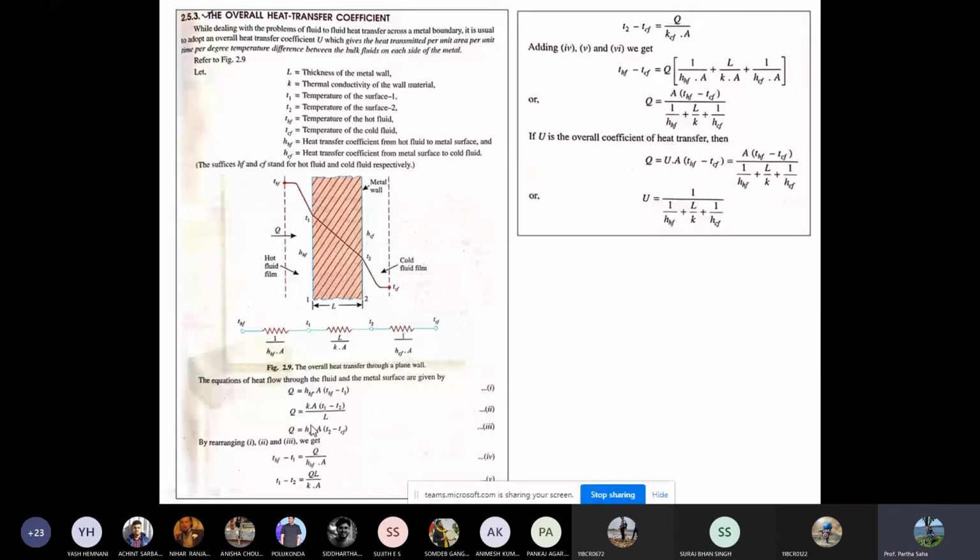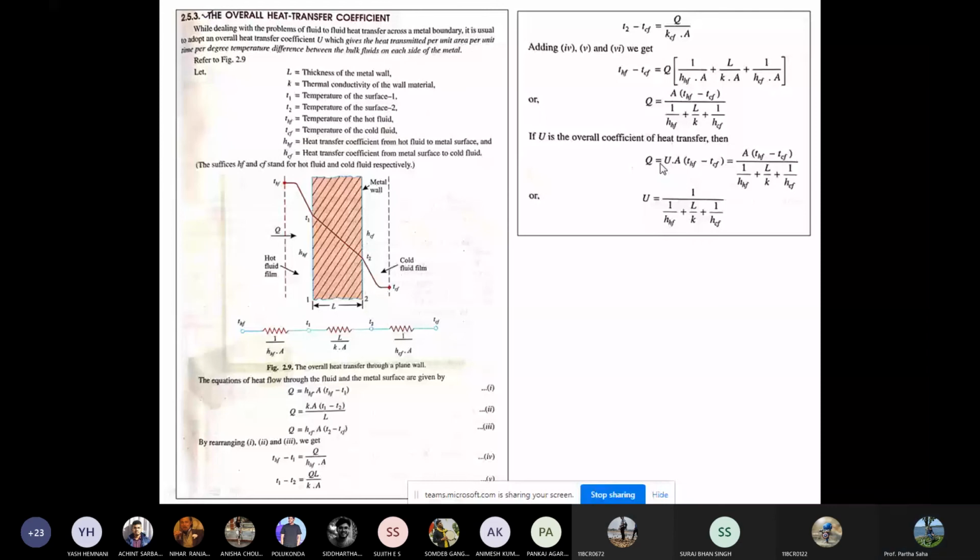So if you rearrange these terms and add the whole equations, individually 4, 5, and 6, then you get Q equal to A (THF minus TCF) divided by 1 by HHF plus L by K plus 1 by HCF. But actually, if you say that U is the overall heat transfer coefficient, considering the whole three layers as a single layer, then Q equals U into A (THF minus TCF).